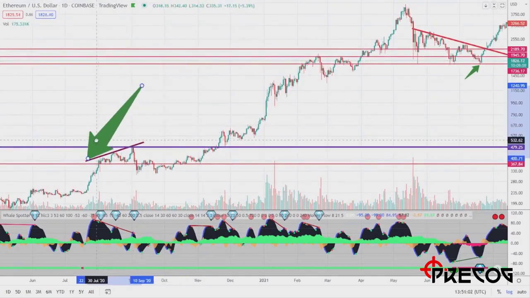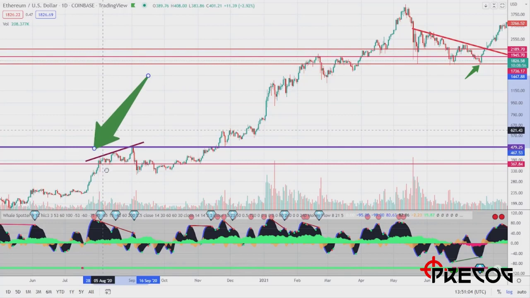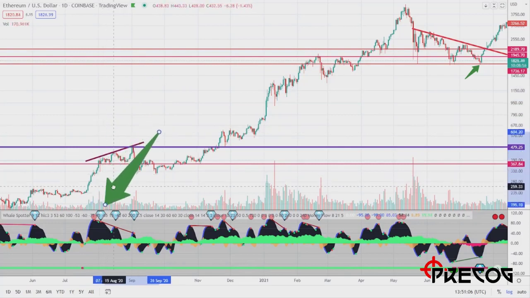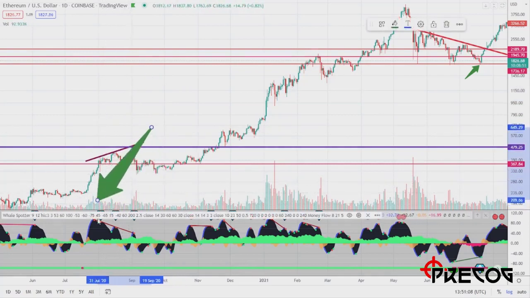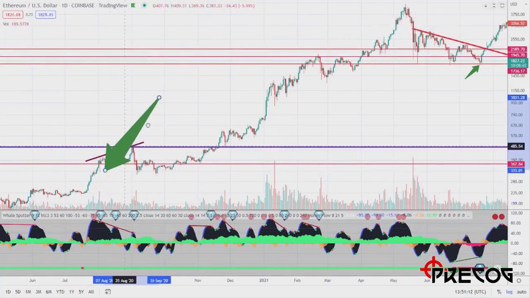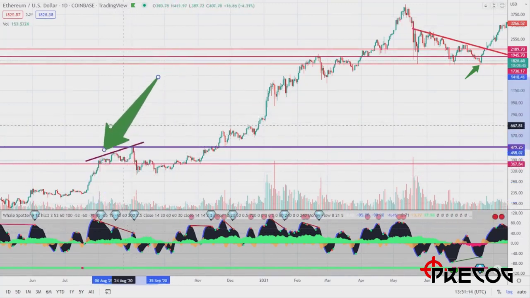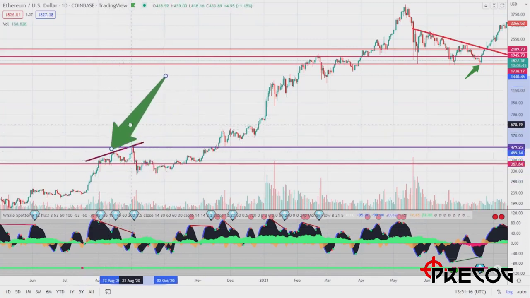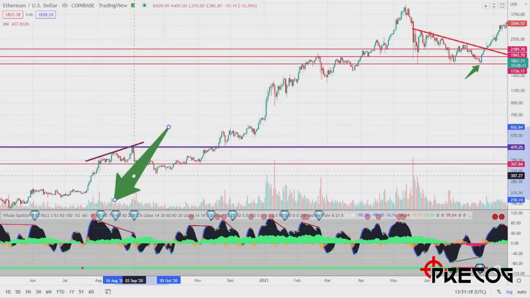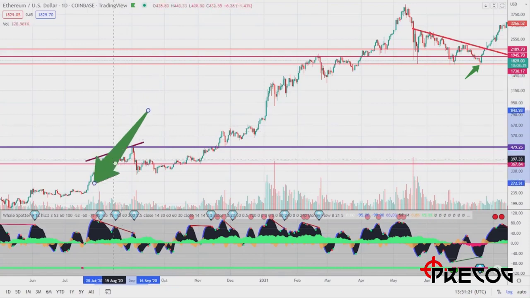So on the chart here, you see we have this ascension in price, but down below on our WhaleSpotter, we have a descent in what is going on in these waves, showing a divergence between the strength of this market and what's happening in price. So is the chart lying to you? Well, our WhaleSpotter says that it is, and it starts giving you these diamonds.